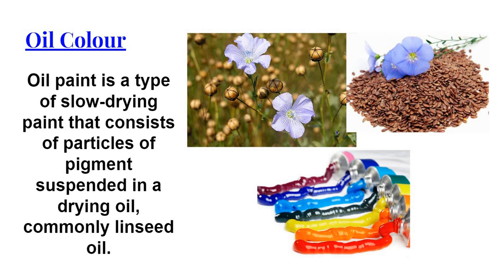We call that oil paint. Now, the advantage of using this one is you can create a vibrant hue, or color. But its con is it is very slow to dry. So you really have to wait.